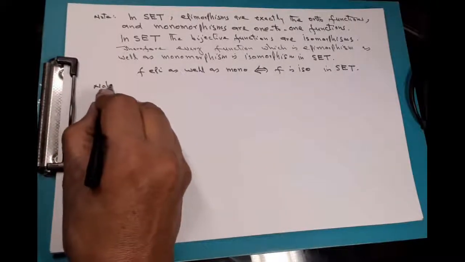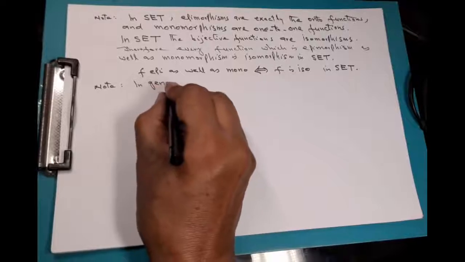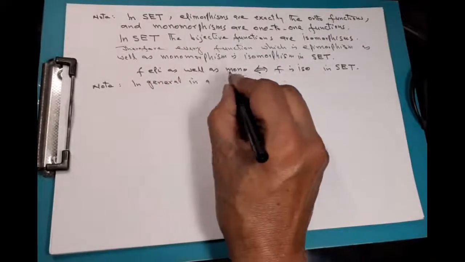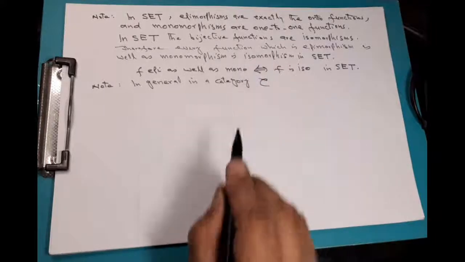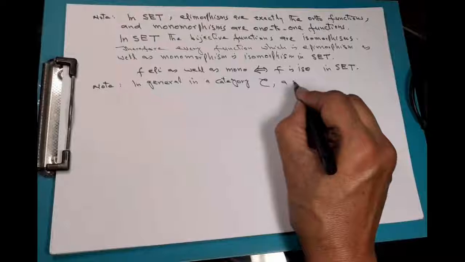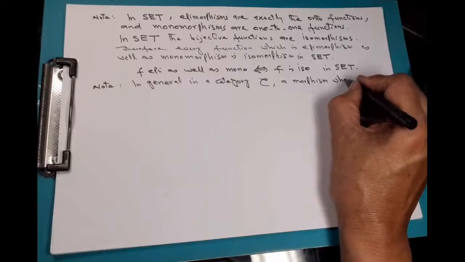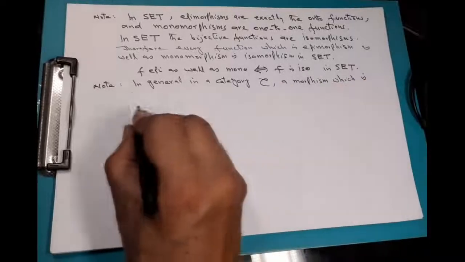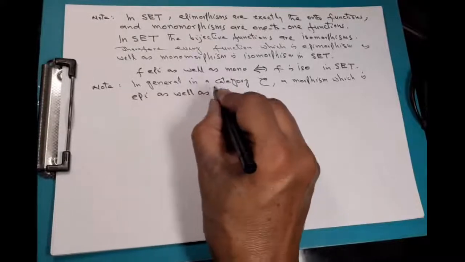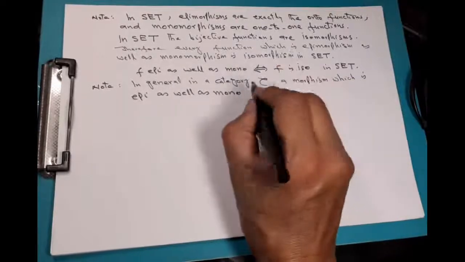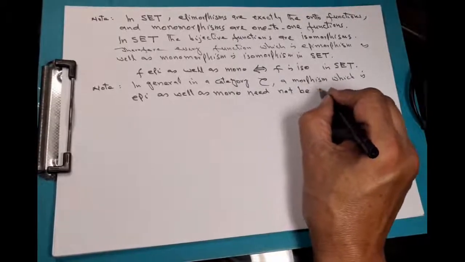Note, in general, in a category C, a morphism which is epi as well as mono need not be iso.